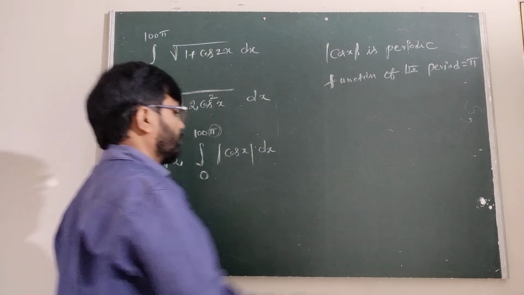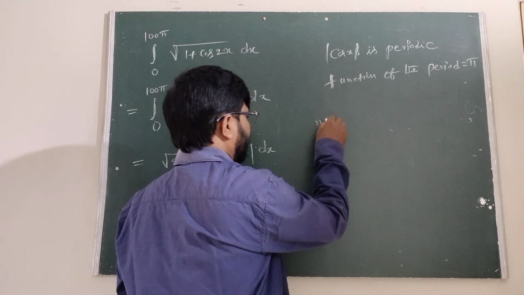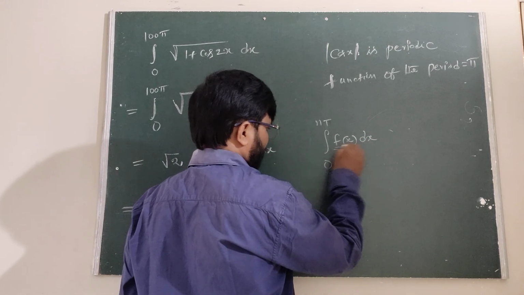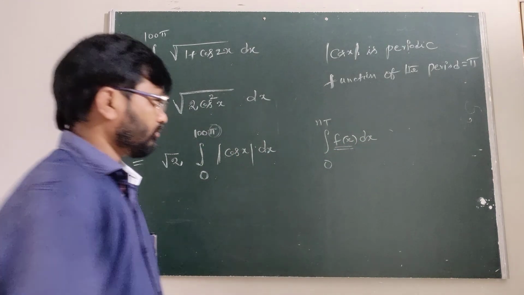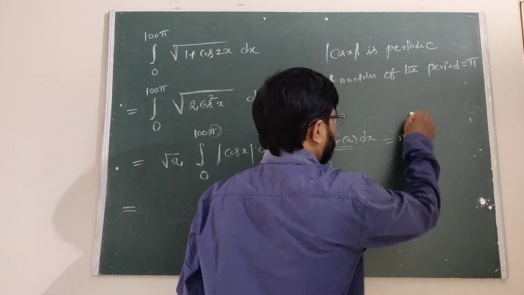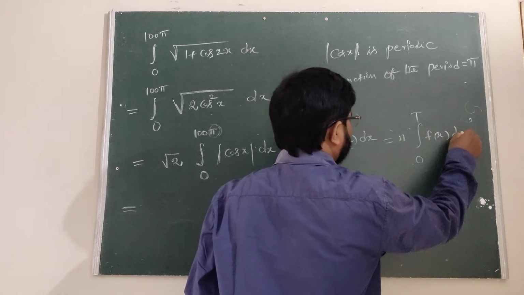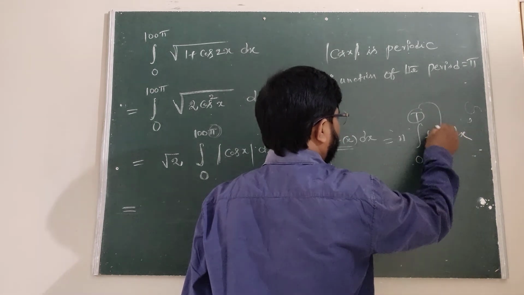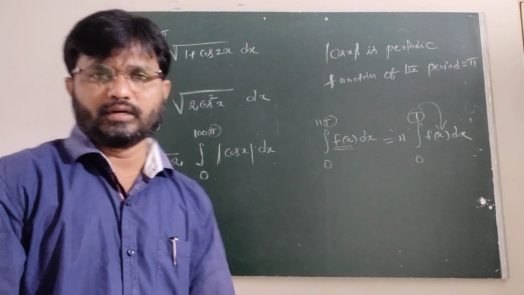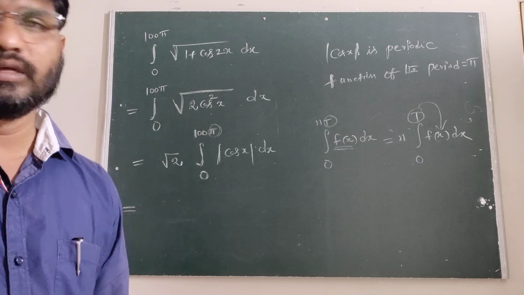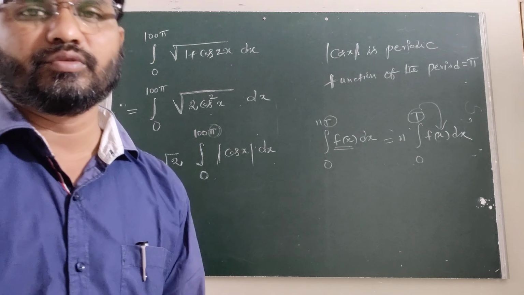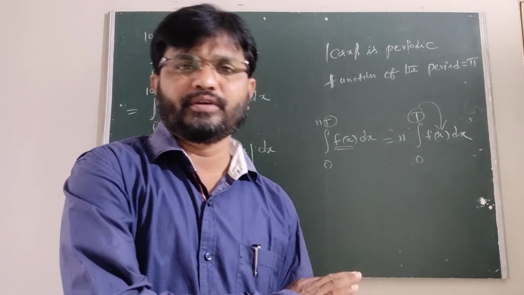Just now we discussed the integral from 0 to nT of f(x) dx: if f(x) is periodic with period T, then it equals n times the integral from 0 to T of f(x) dx. This can be proved by mathematical induction, but the proof is not necessary here.